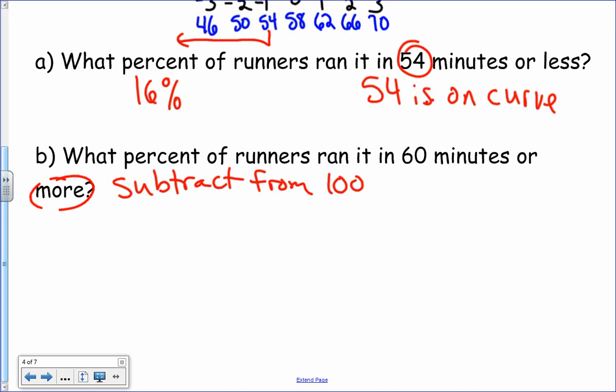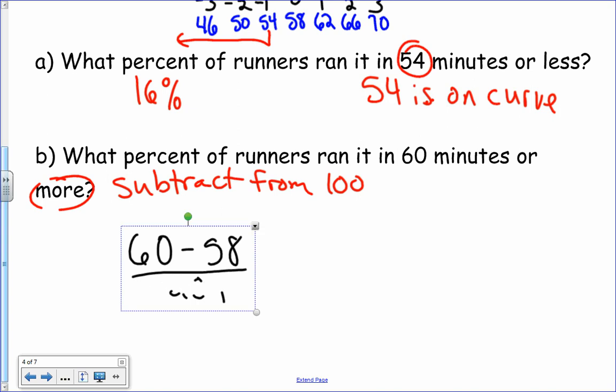Remember, when you find your z-score, you do the value you're given, which is 60, minus the mean over the standard deviation. Uh-oh, it's the wrong standard deviation.